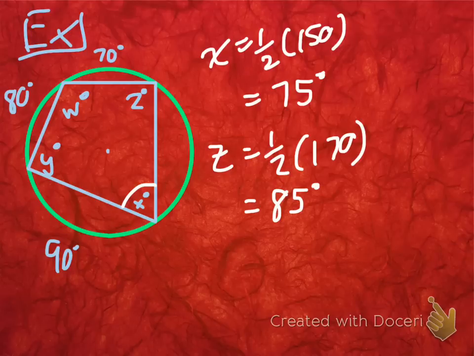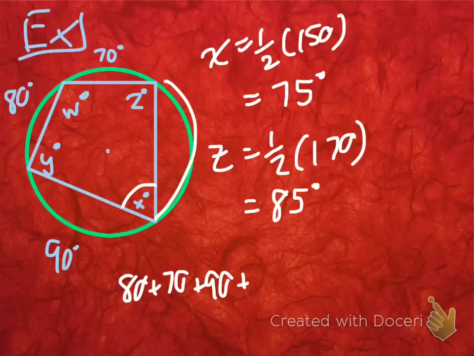Now, in order to find w or y, we first need to know what the measure of this arc here is, right? We don't have that measure yet, so we first need to figure that out. Well, we know that the arcs all add up to 360 degrees. So to complete the circle, 80 plus 70 plus 90 plus whatever this missing arc is, we'll call it A, has to add up to 360 degrees, right?